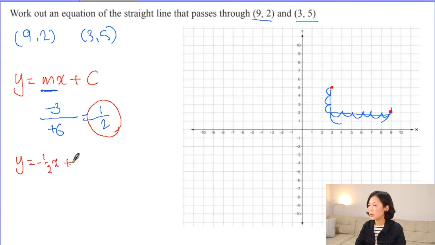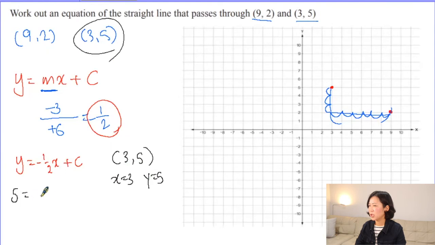Then all we can do is choose one of the points and put it in the equation. Then we can figure out our c. So I'm going to choose (3, 5) because it's a smaller number. So (3, 5) means when x is 3, y is 5. Let's substitute these numbers into the equation.